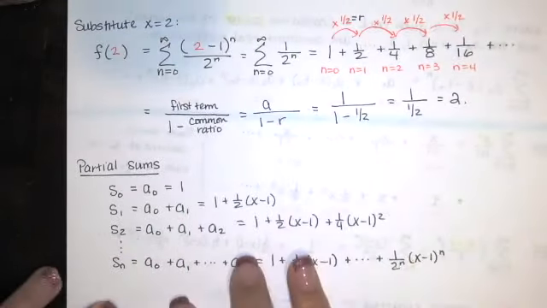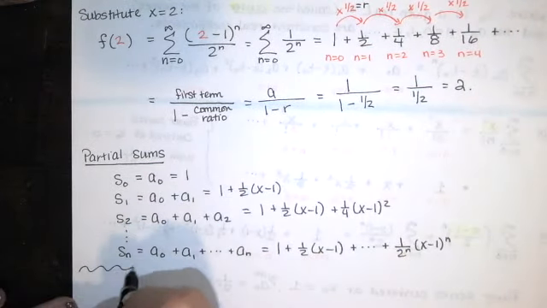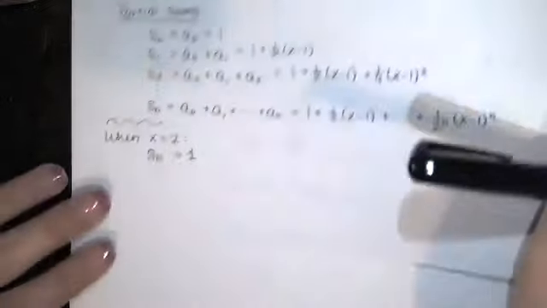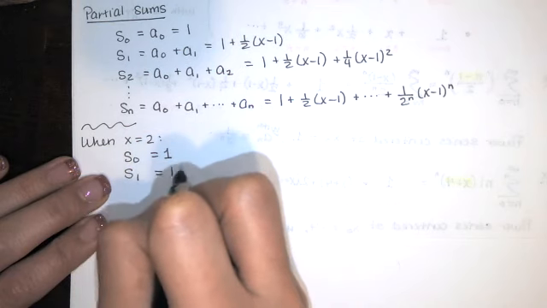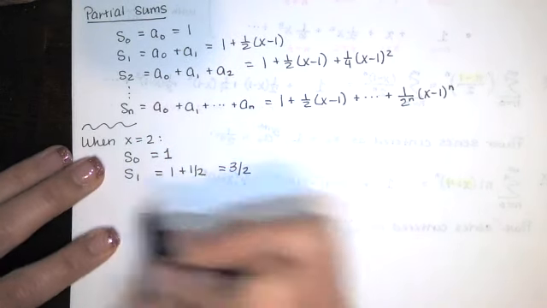So these are the partial sums for my power series, but the corresponding partial sums when x is equal to 2 are these. We've got S sub 0, which is 1, S sub 1, which is 1 plus 1/2, which is 3/2.